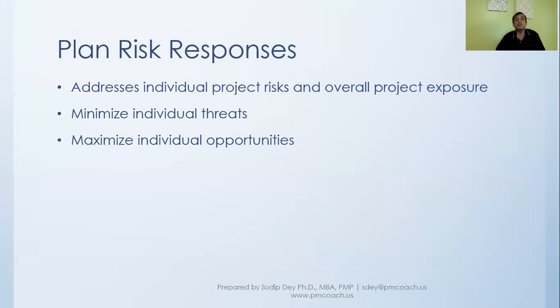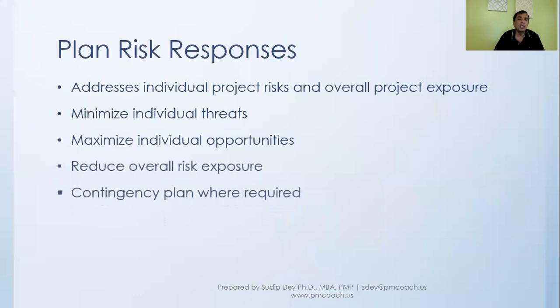If there are threats, we want to minimize them. If there are opportunities, even though it's an uncertain opportunity, we are calling it a positive risk, we want to maximize that. And we want to reduce overall risk exposure to the project. In this process, we will also put together a contingency plan where required. That will also be one of the action points when we are planning risk response.